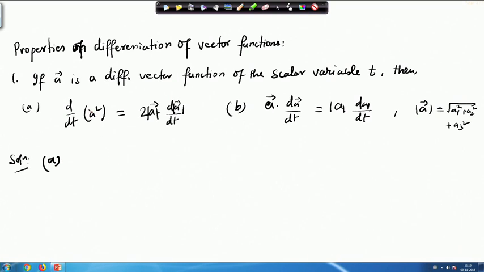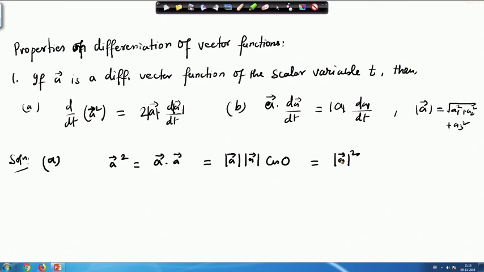We have here A squared, which is basically the square of the vector. So, A squared equals A dot A, which is basically mod of A times mod of A times cos 0, and cos 0 is 1. That means this is mod of A whole squared.